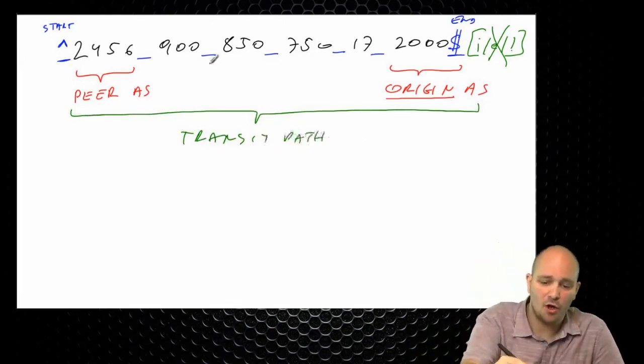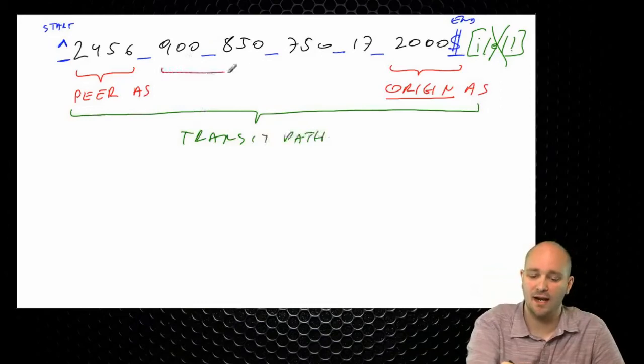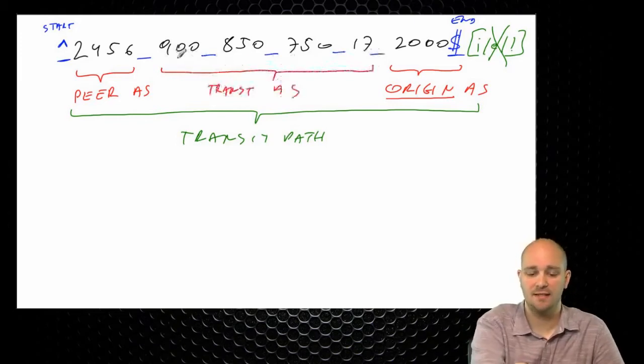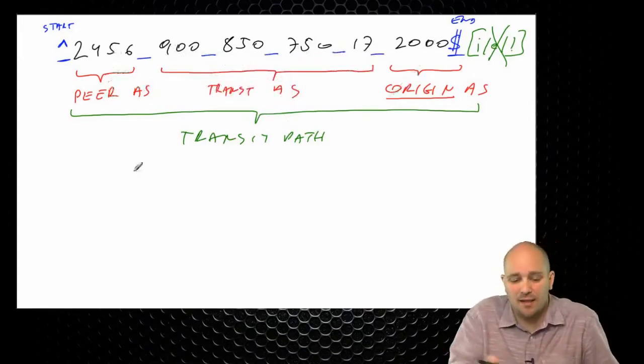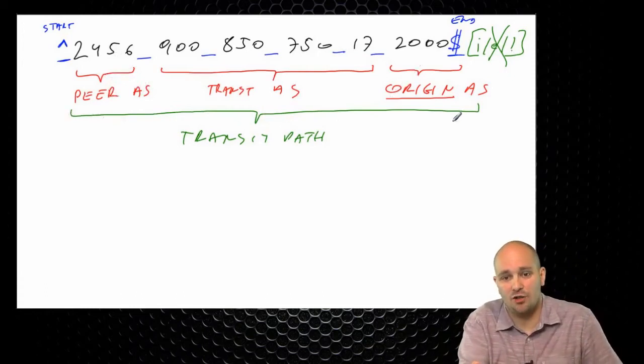Now, very, very often in the CCIE lab, when they talk about the transit autonomous systems, they actually mean these autonomous systems here, so neither the origin nor the peer AS. But technically speaking, this is the entire transit path.